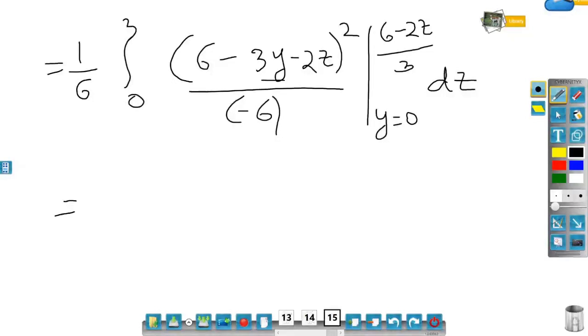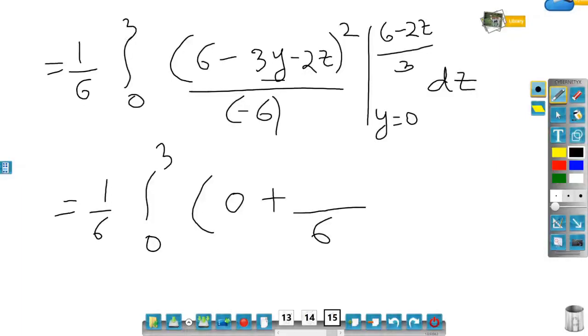So first time I will get 0 only. Then minus, this minus will become plus because of that 6. When I substitute y is equal to 0, I will have 6 minus 2z whole square, and now this is dz. So 1 by 6 integration 0 to 3, 6 minus 2z whole square upon 6 into dz.